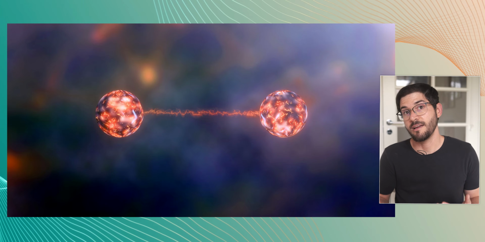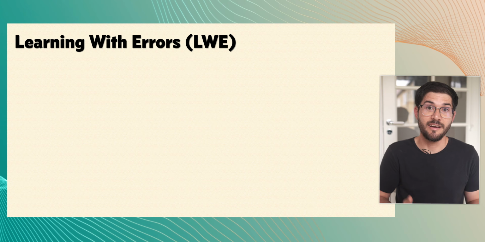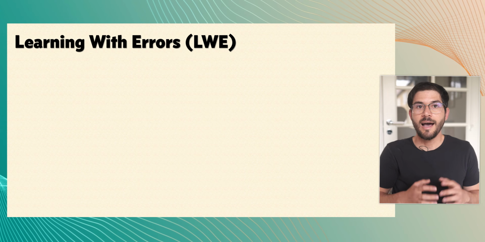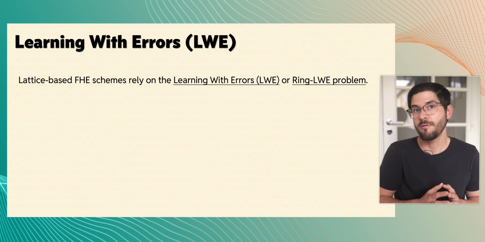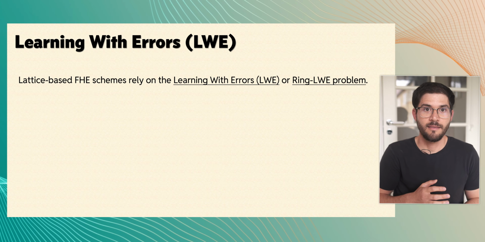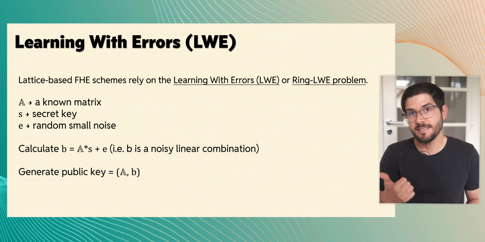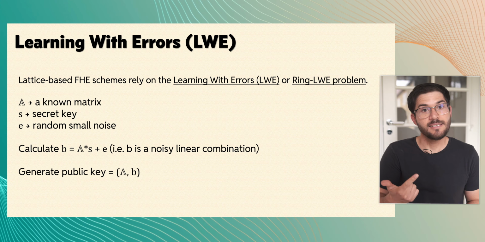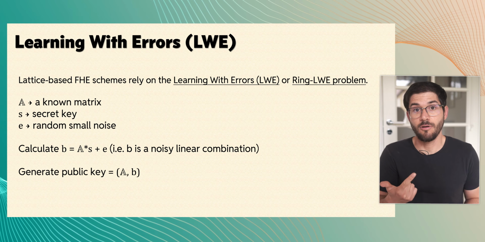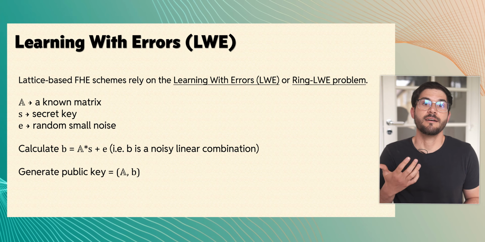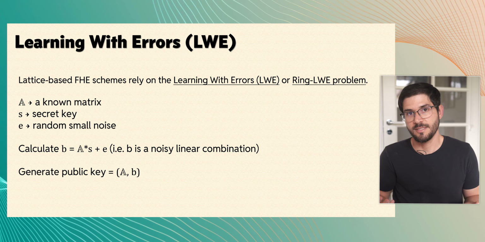Lattice-based fully homomorphic encryption schemes rely on the learning with errors kind of problem. At a high level, this kind of problem looks like this. You have a known matrix A, S is a secret vector or key, and E is a random small noise.